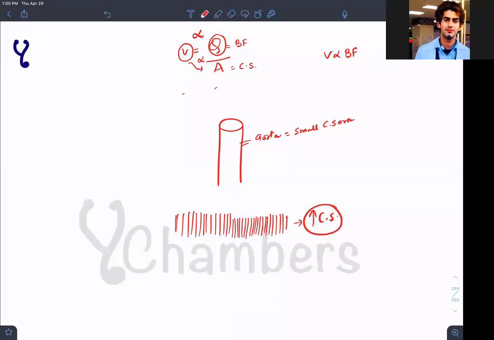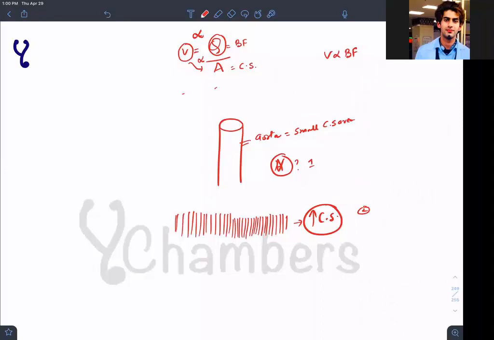Now tell me one thing: which of the following will have more velocity? Number one, the aorta? Thank God that he has beautifully designed you, in the sense that the aorta has high velocity so that blood can reach faster, while the capillaries have less velocity so the blood flow remains controlled.